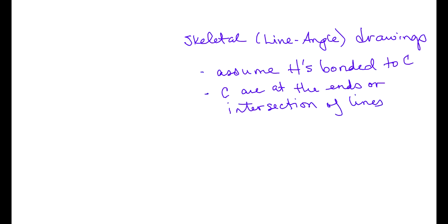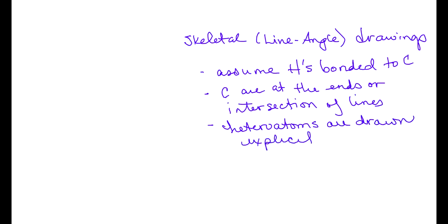And then also heteroatoms, so non-carbon, non-hydrogen atoms, are drawn explicitly. And the hydrogens on the heteroatoms tend to be drawn.